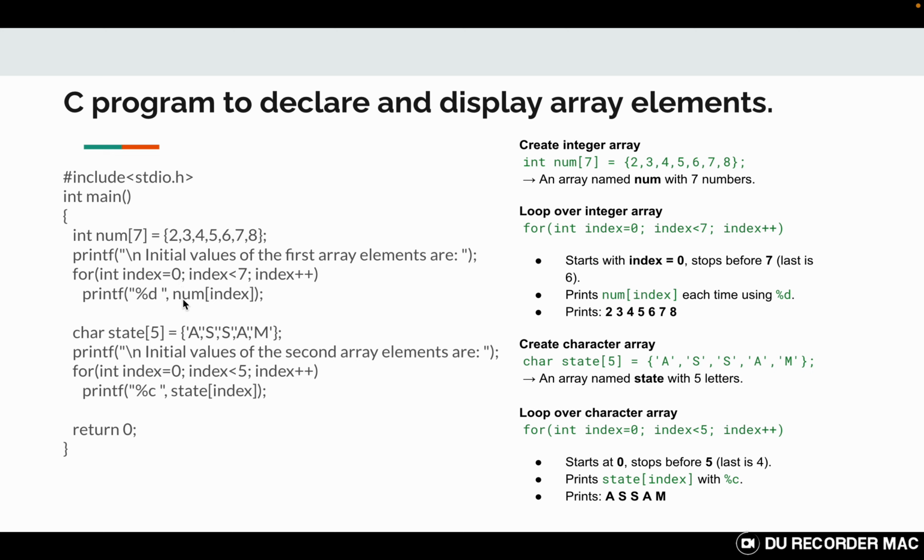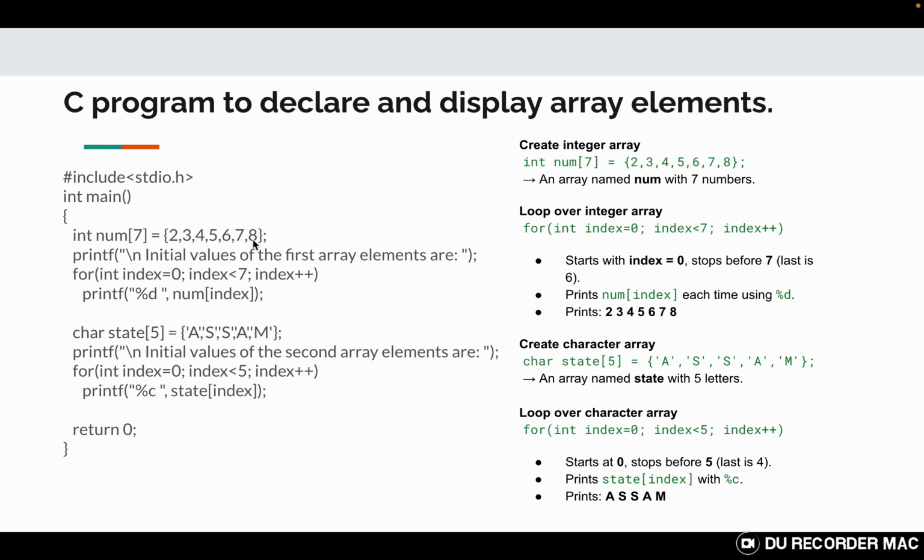Now every time this loop runs, it will print this statement. When it prints num of 0, 24 will get printed. The next time the loop runs, num of 1, 87 will get printed. Then again it runs, num of 2, which means 97 will get printed.